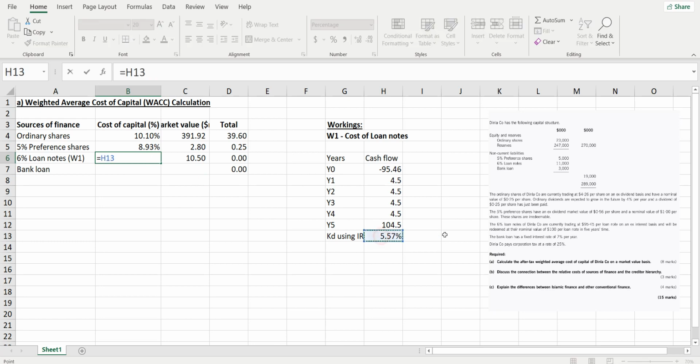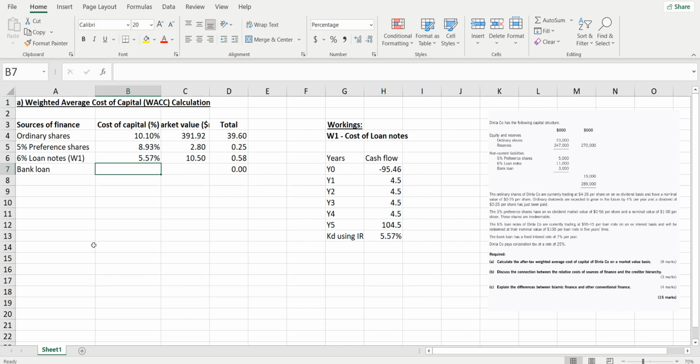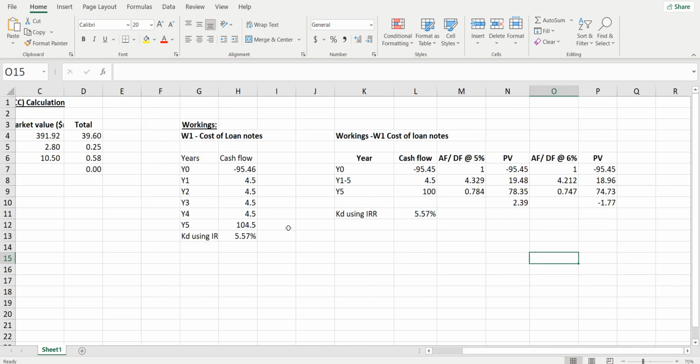So we can just link it, and we also have a total answer. So this is how we can easily do the IRR calculation. There is another way I can show you.